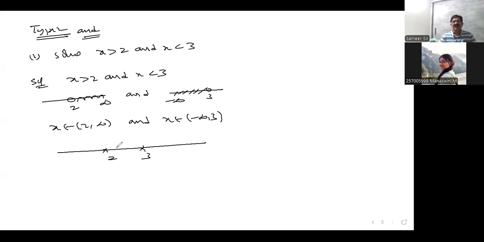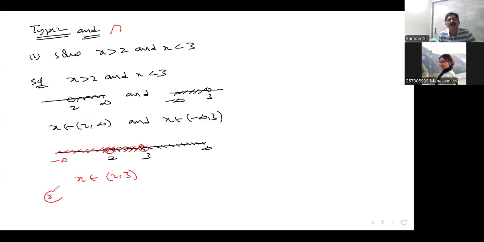Greater than 2 will go up to infinity, and the other will go up to minus infinity. So what is the intersection part? 'And' means intersection. So your answer is the open interval 2 to 3. This is an open circle, and this is also an open circle. So the answer is (2, 3) you have to write.